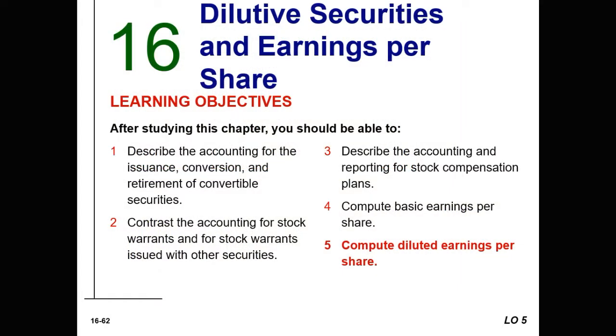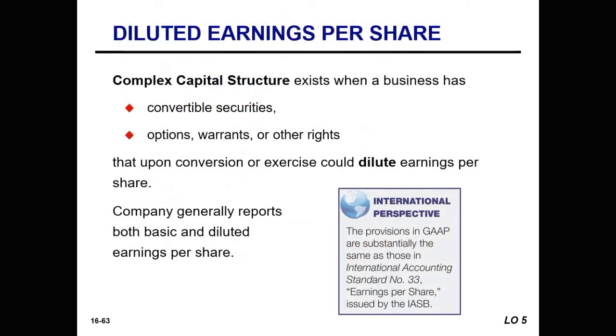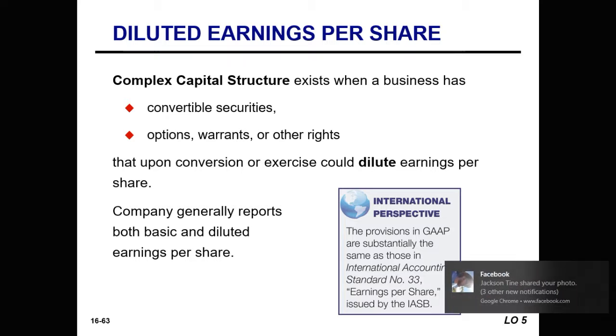Now we're going to talk about diluted earnings per share. Complex capital structures exist when a company has convertible securities, options, warrants, and other rights that upon conversion or exercising could dilute earnings per share.